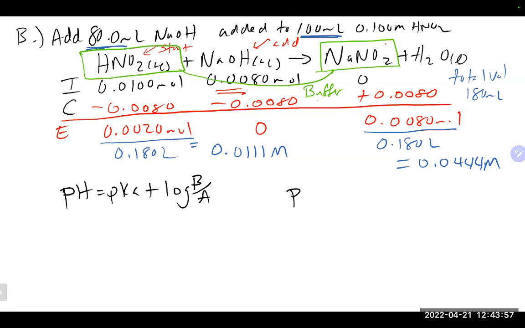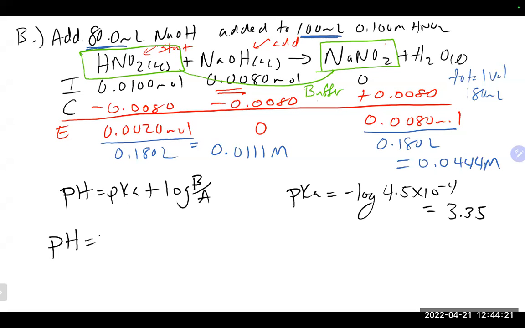Here our pKa would be minus the log of the Ka, which was our 4.5 times 10 to the minus 4. Looks like a 3.35.